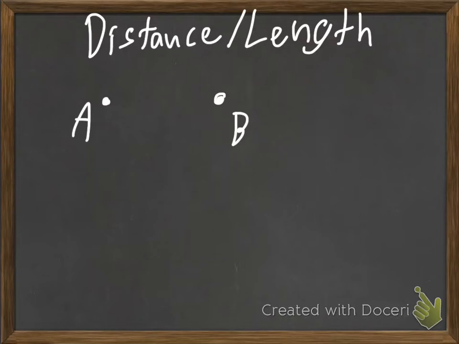The fastest way from point A to point B is a straight line. And when we draw that straight line, we also form a segment. Now this segment has a distance or a length. Let's just call it 4. And when we write this, we're going to write it as AB equals 4.